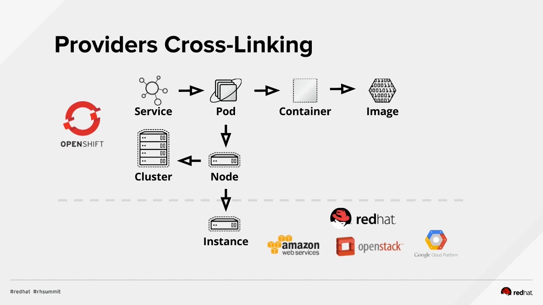You can say that a service is connected to a certain set of pods, and those pods are running on multiple nodes, and see what those nodes are. And then also see what those nodes are implemented upon, on some instance, maybe on RHEV or on OpenStack. So we added this relationship not only within the same provider, but also across providers.